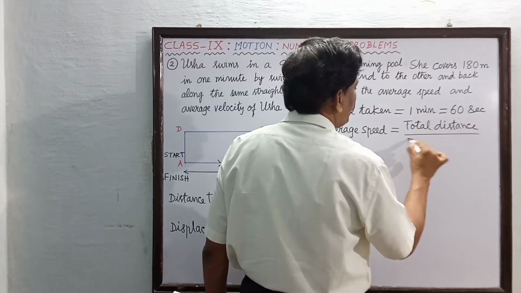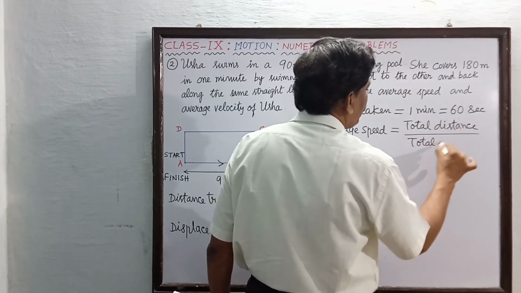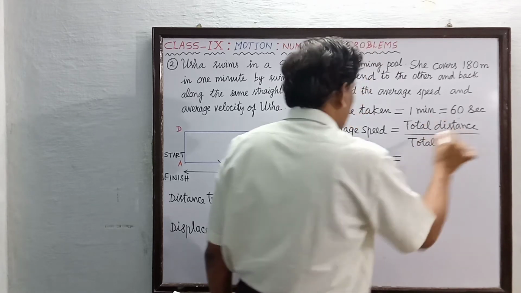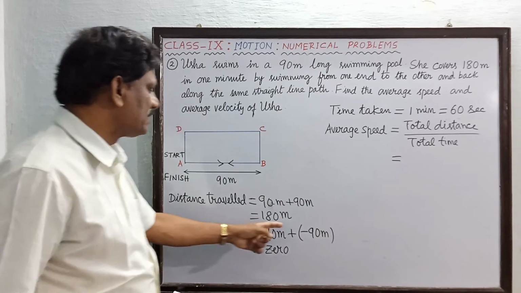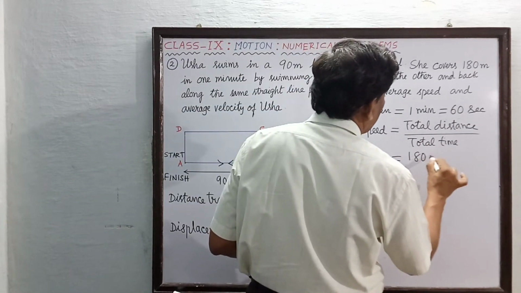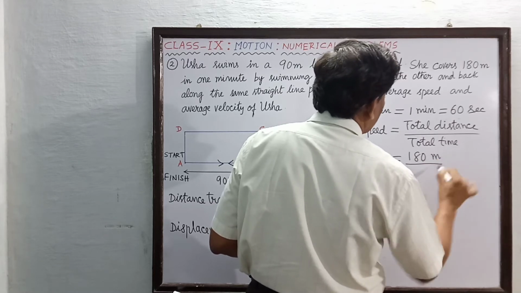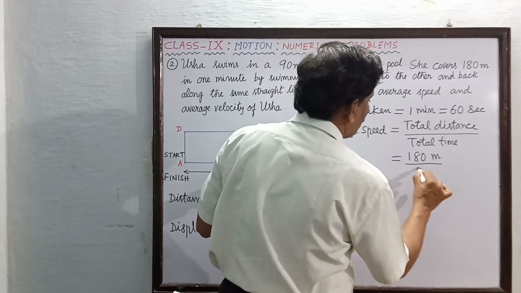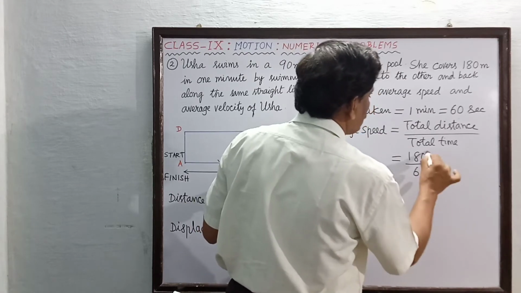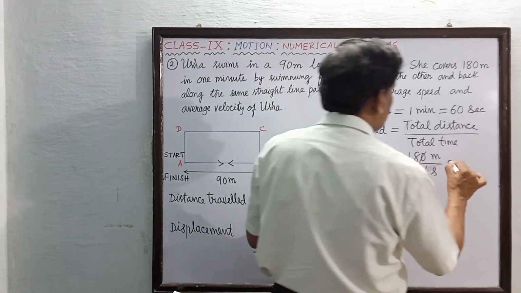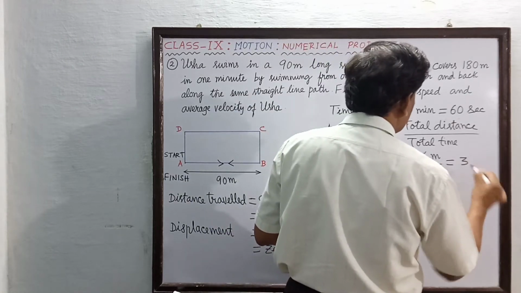Total distance traveled is 180 meter, divided by the total time, which is 60 seconds. After cancelling the zeros, 18 by 6 is equal to 3.